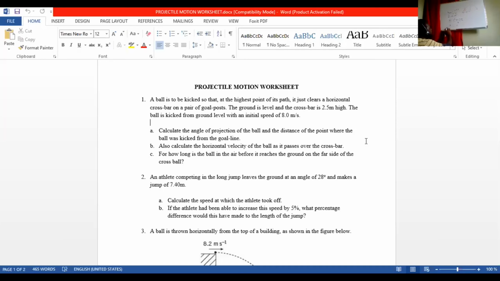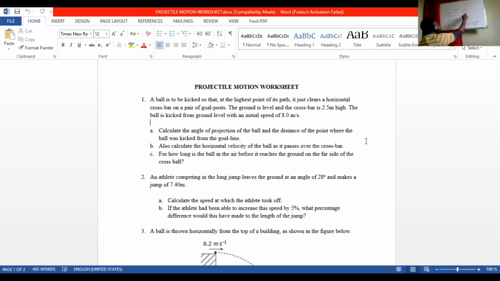Let's find R first, just to be simpler. Right, so R is equal to v squared, which is 8 squared, sine 2 times 60.69 over 9.8. All right, I'm going to put all that in the calculator here. So that's 64 times... All right, so when we put all this in the calculator, we get R to be 5.58 meters.